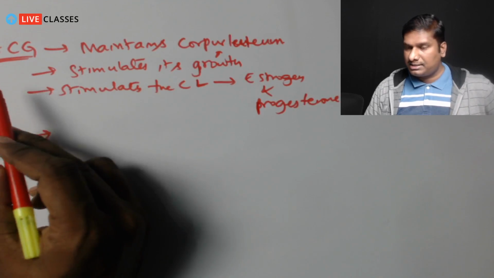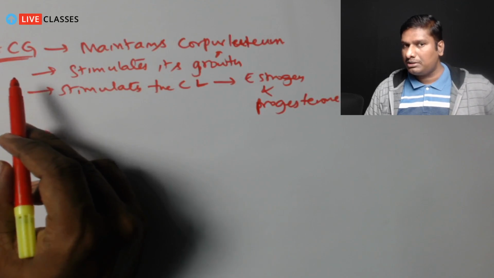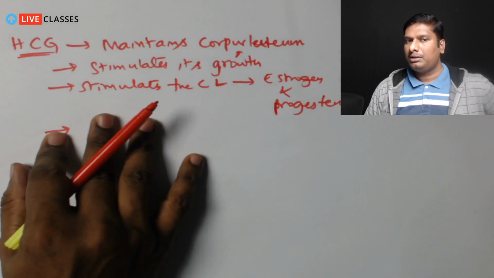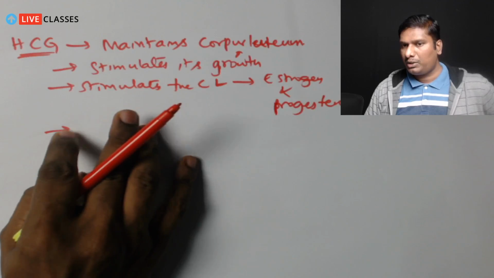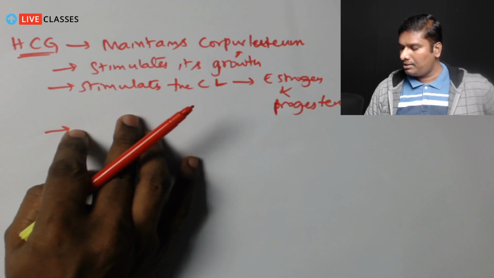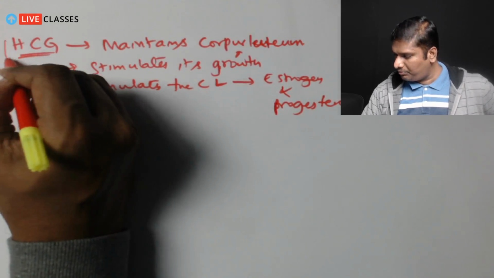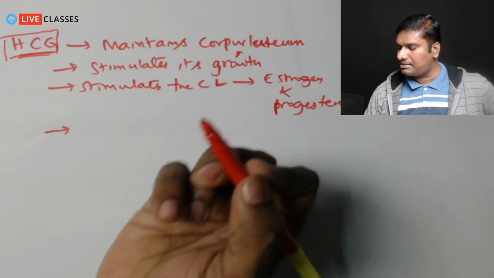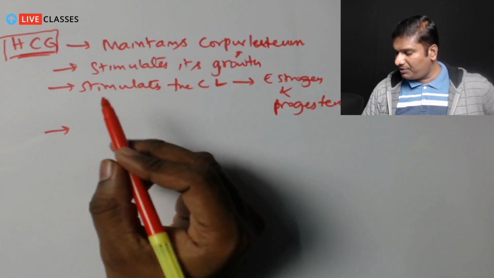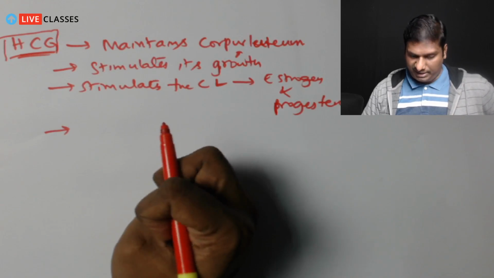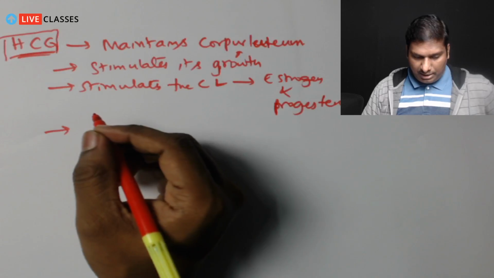HCG is also called the pregnancy hormone. This hormone is detected in the urine to confirm pregnancy. So if somebody is pregnant or not, a simple way to detect it is to check for HCG in the urine. A positive HCG result will confirm the pregnancy. Then what else?